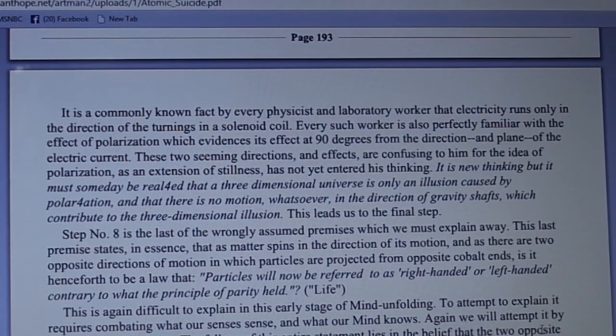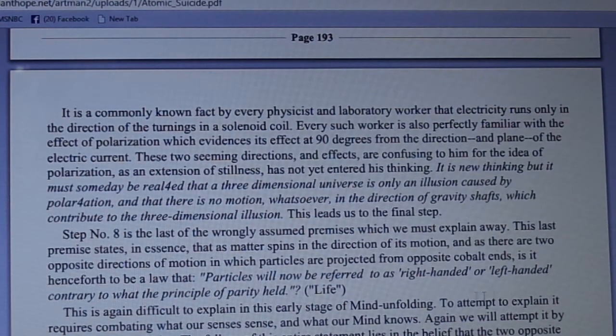This leads us to the final step, step number 8. It is the last of the wrongly assumed premises which we must explain away.